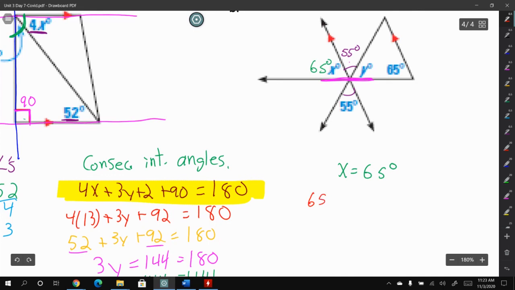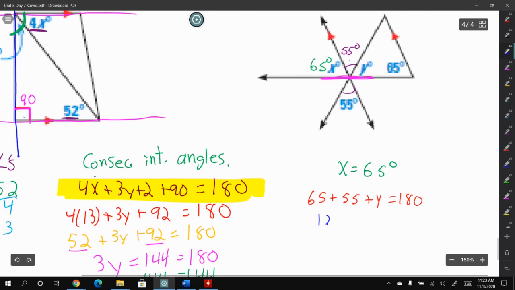So we have 65 plus 55 plus y equals 180. 65 plus 55 is 120, plus y equals 180. Subtract 120 from both sides, and y is equal to 60 degrees.